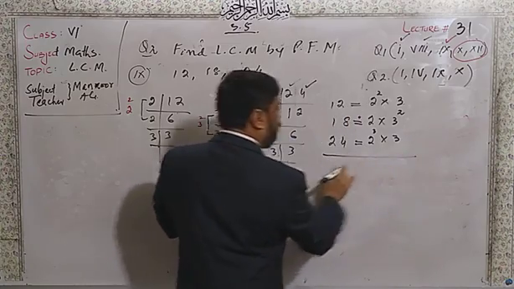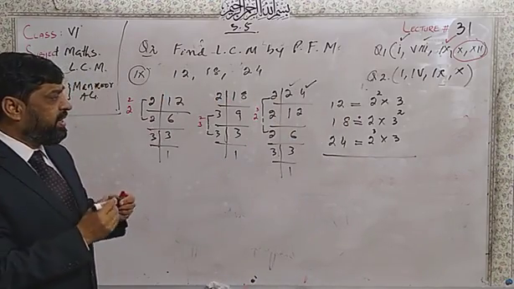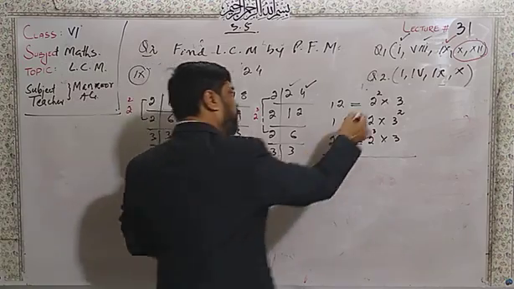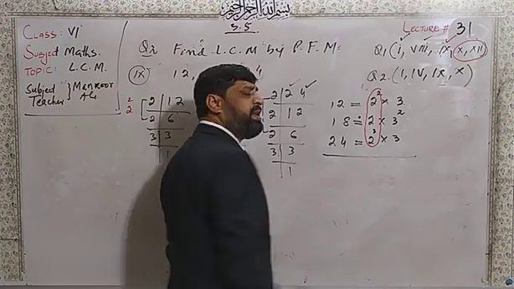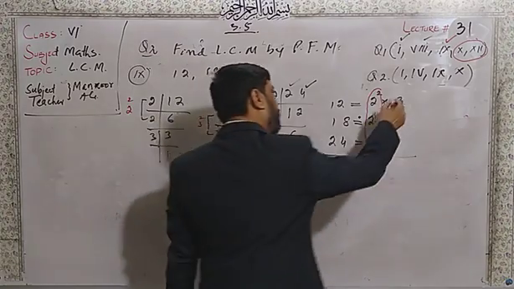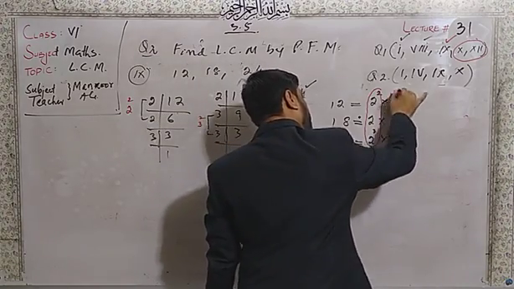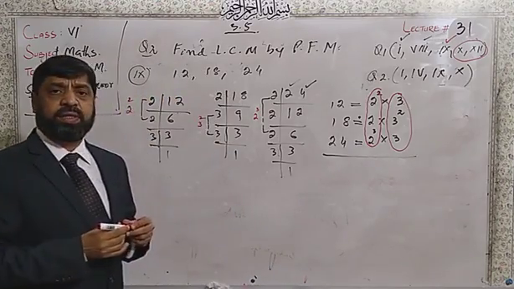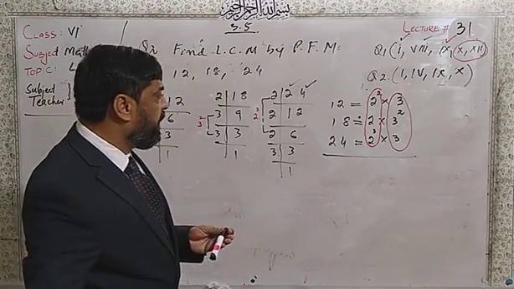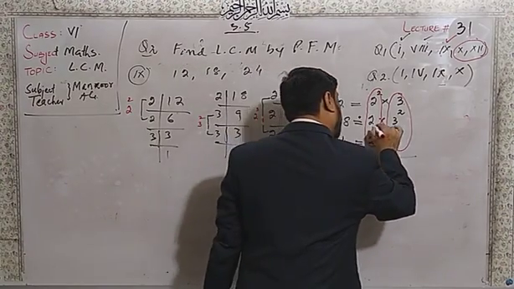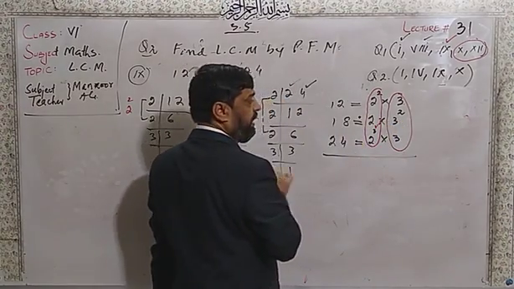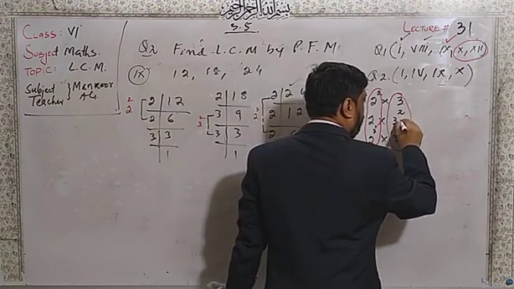Dear students, I told you I will circle all these numbers which contain the common and uncommon. Also this number, common and uncommon. I told you I will prefer the number which has the maximum power, like 2 power 3, here 3 power 2.